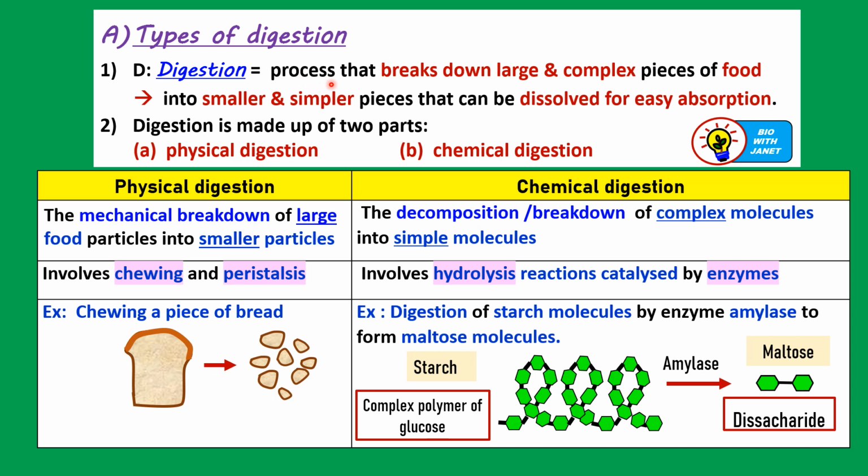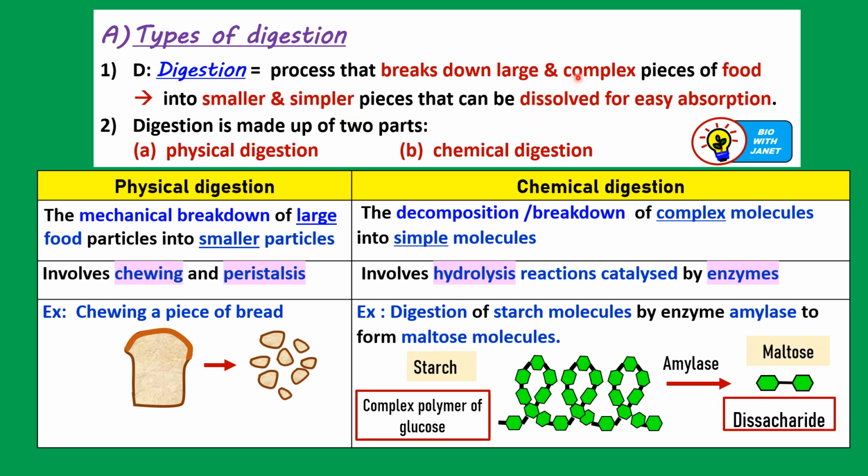So digestion is defined as the process that breaks down the large and complex pieces of food into simpler and smaller pieces that can be dissolved for easy absorption. For example, when you eat a piece of bread, it is large, so we chew it and it forms smaller pieces of bread.